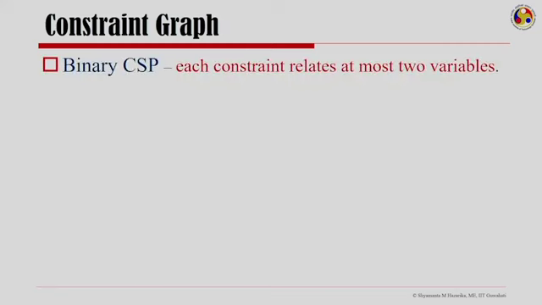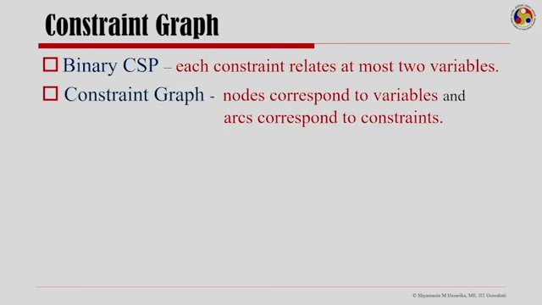As I was telling you, a binary constraint satisfaction problem is one in which each constraint relates at most 2 variables. We could create a constraint graph where nodes correspond to variables and arcs correspond to constraints.